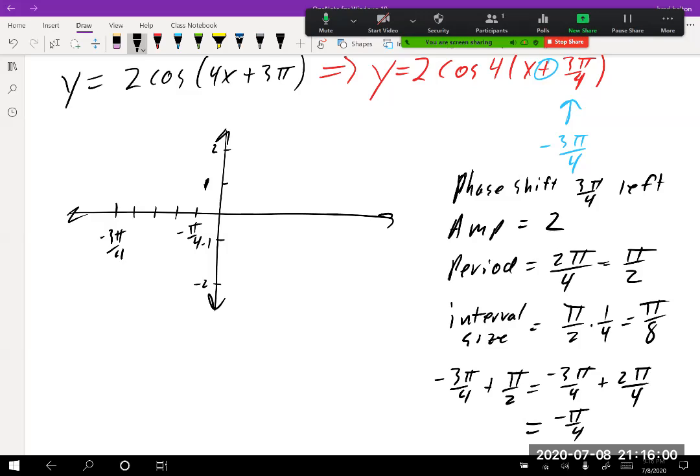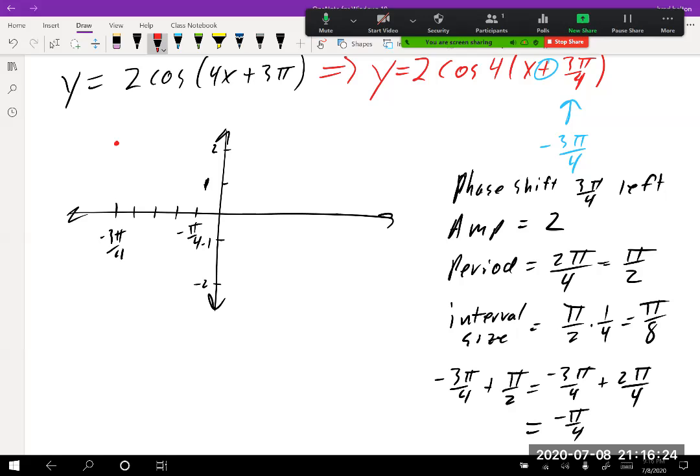We know that normally the cosine function starts at 1, right? It starts at x equals 0 and has a height of 1. But in this case, because we have an amplitude of 2, our height won't start at 1, it'll start at 2. So negative 3 pi fourths, I'm going to put up here at 2. Maybe I'm wrong, I just want to guess to see if I'm getting the hang of this.